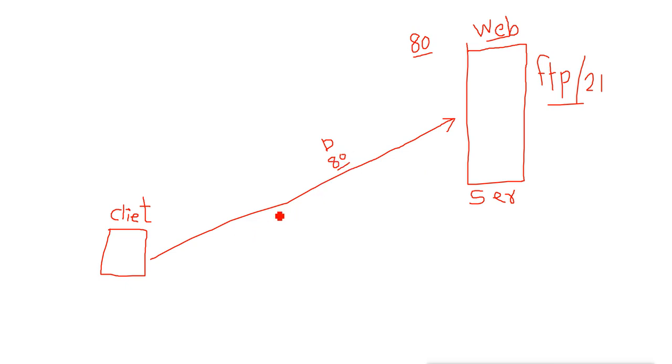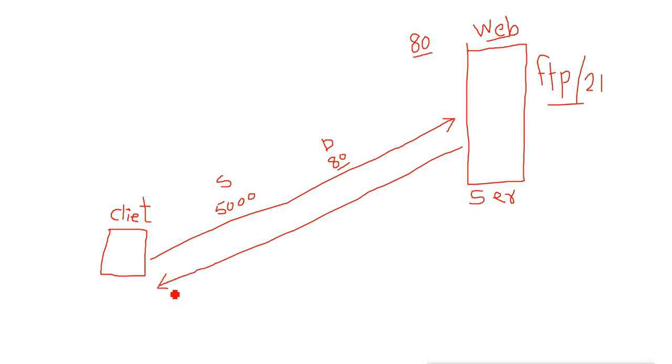Now the source port, this client machine will choose randomly. It can choose any port number. Let's say for example it chooses port number 5000. It is random; we don't know which port it will choose. Then the server will send the reply to our client.